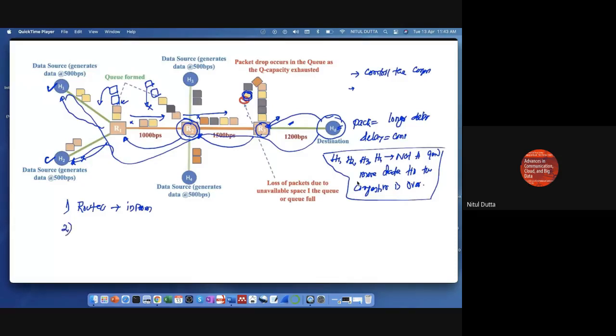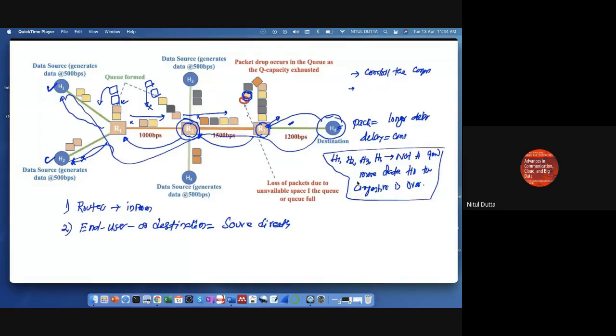In the second approach, the end user or the destination informs the source directly to stop data generation or data transmission so that the congestion can be controlled.